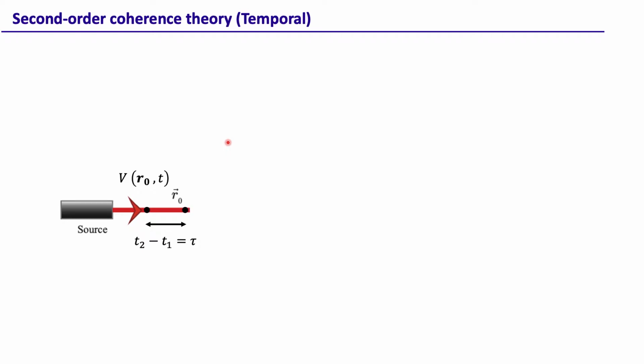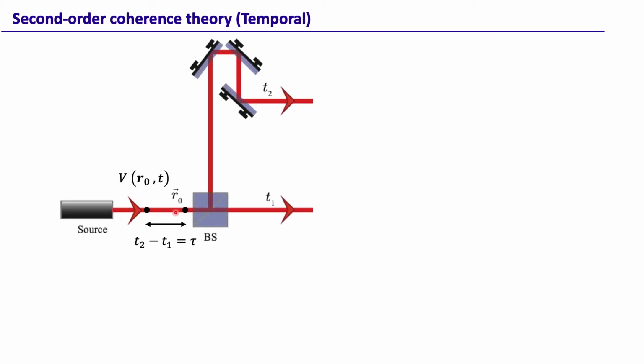Okay, so for this what we do is we first split this field. Our aim is to pick up some field from here, pick up some field from here, and these two points are separated by some time separation tau. In order to do that, we divide this field using a beam splitter.